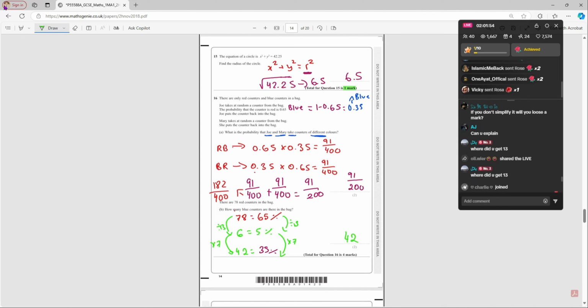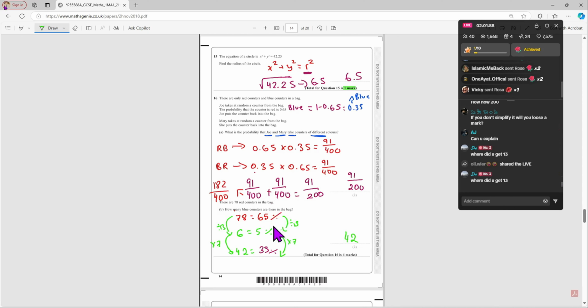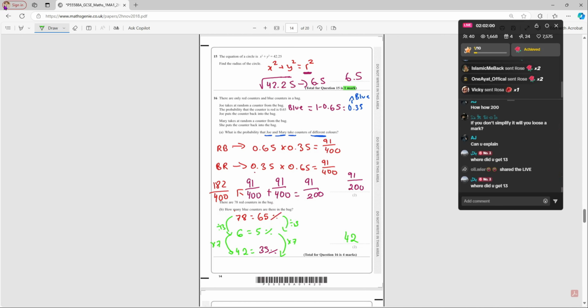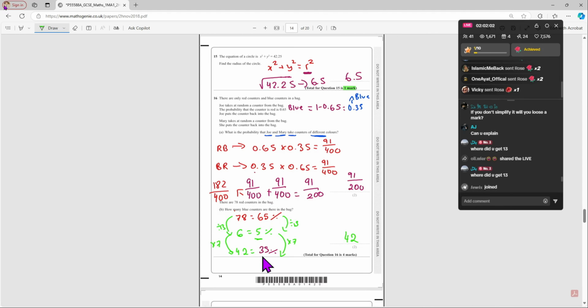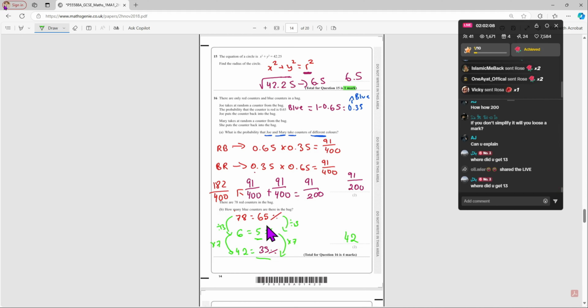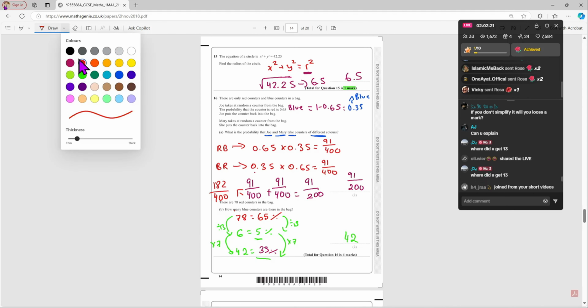We need to work out how many blue counters there are. We divide by 13 first, because we need to work out what 5% is in order to work out what 35% is, okay? You divide by 13 first to get 5%, then you multiply by 7 to get 35%. Whatever you do to one side, you do to the other side as well. So you divide by 13 and times by 7 to get 42 blue counters, okay? 42 blue counters.